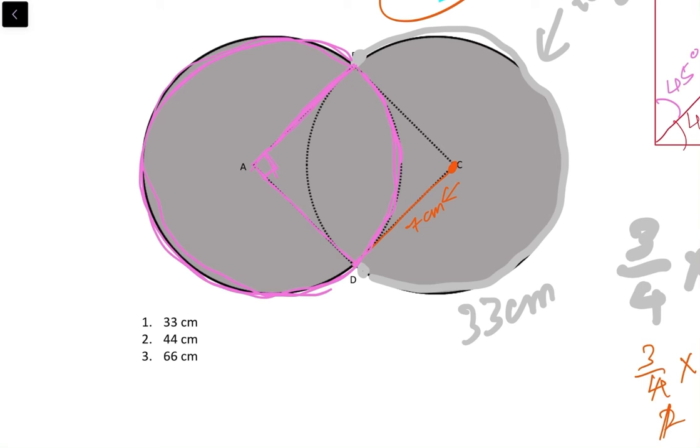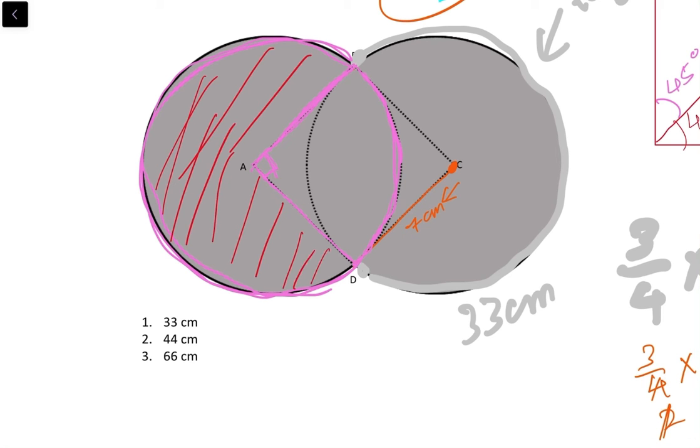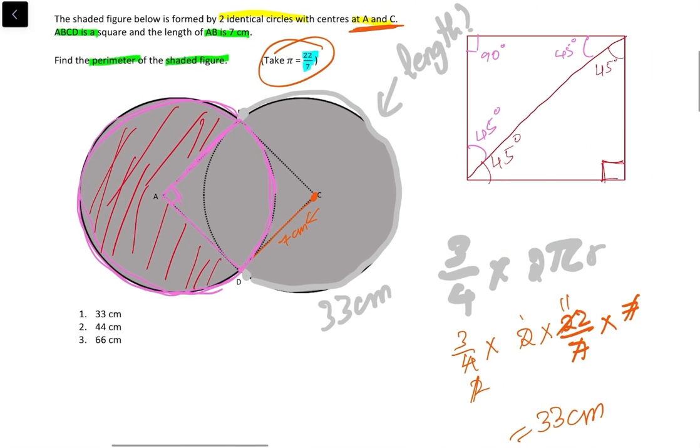Basically we have to find the perimeter of this shaded region, this red region rather, which is again 3/4 times 2 pi r, and the radius would be from center point A to point B, or any point on the circumference. I'm taking B, which would be 7 centimeters.